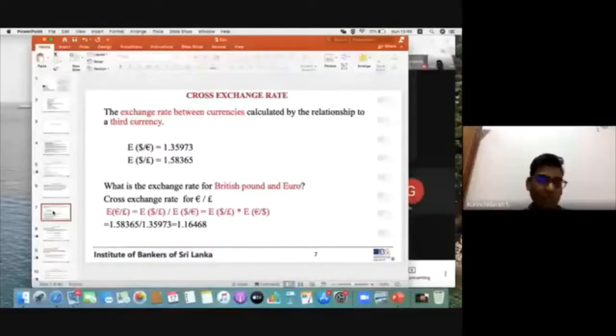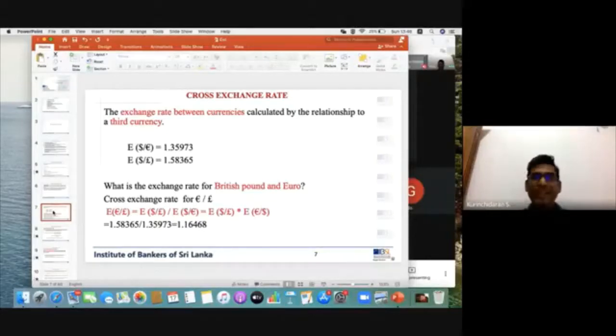So how to calculate? Let's assume we don't have the Mexican peso rupee rate. I have the dollar peso exchange rate and the dollar rupee exchange rate. You take both together and calculate the peso rupee exchange rate. That's a cross exchange rate.